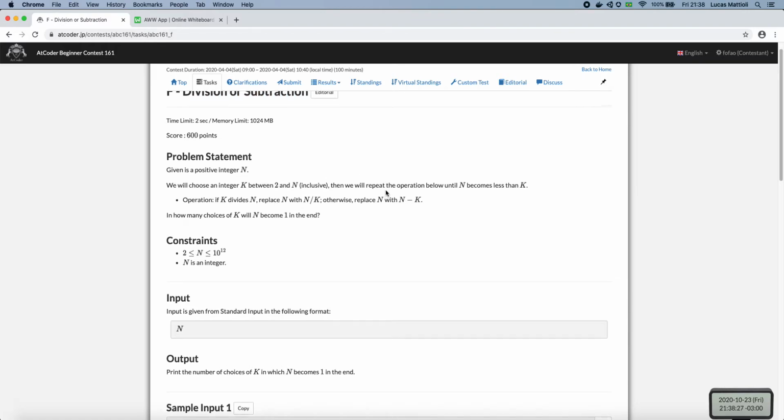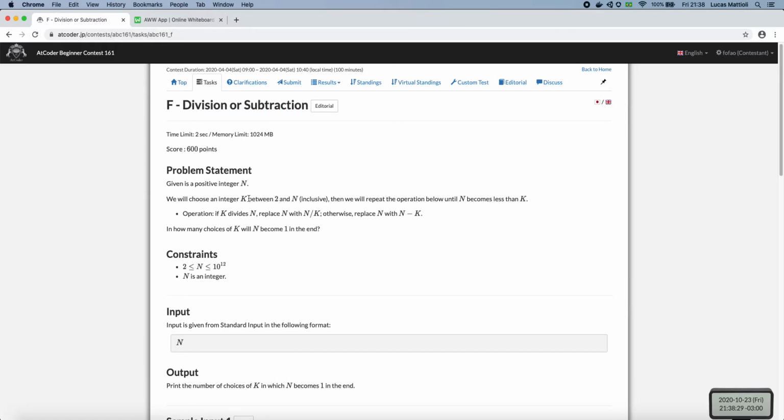And the idea here is that we'll be given a positive integer n, and then we will choose some integer k, which is between 2 and n, and then we'll do some operations with this integer n. We'll repeat some operation until n becomes less than k.